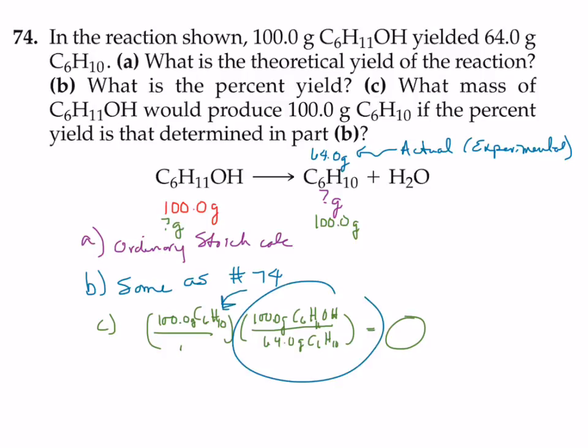And then as my second term, I just went up to the relative amount of the product you got back, which was 64.0 grams, relative to, in the first case, the amount of reactant you started, which was that 100.0 grams. Again, I'm sorry, there's two terms that are 100.0. So I hope those help. But again, there's multiple ways to work that one.